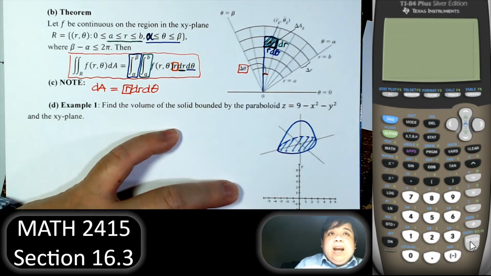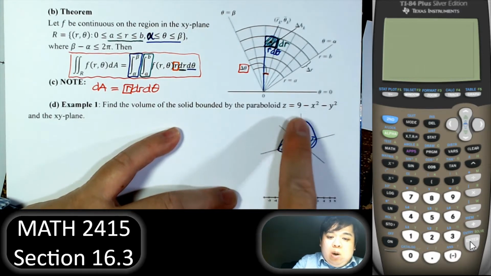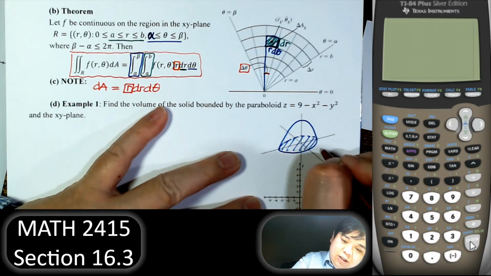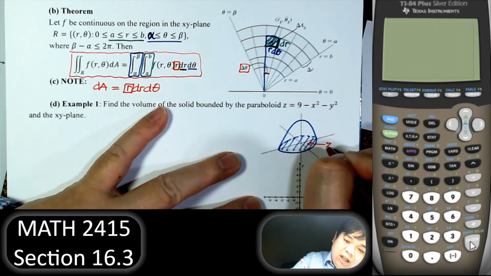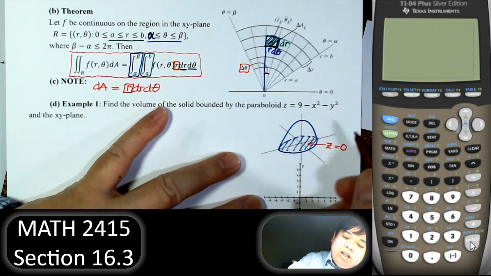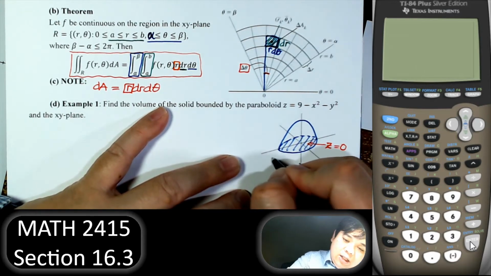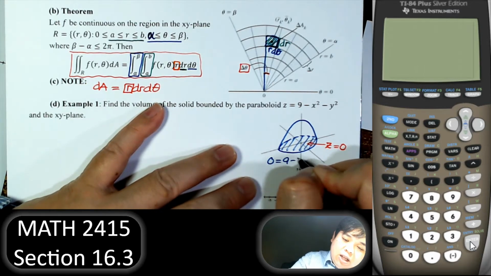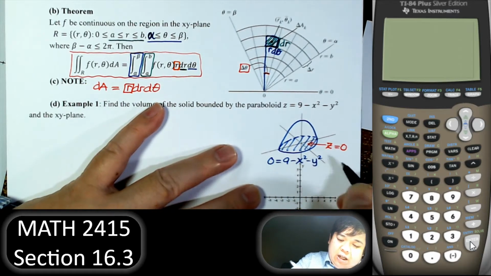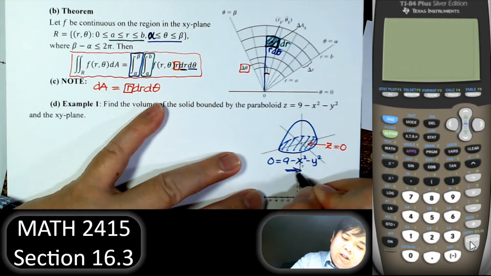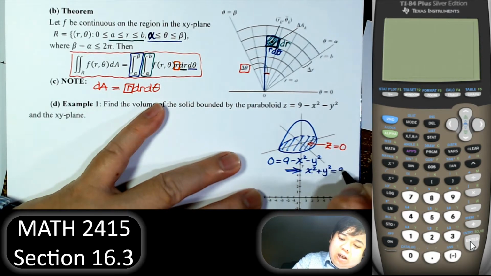Now, on the xy plane, z equals 0, so we have 0 equals 9 minus x squared minus y squared, meaning x squared plus y squared is equal to 9.